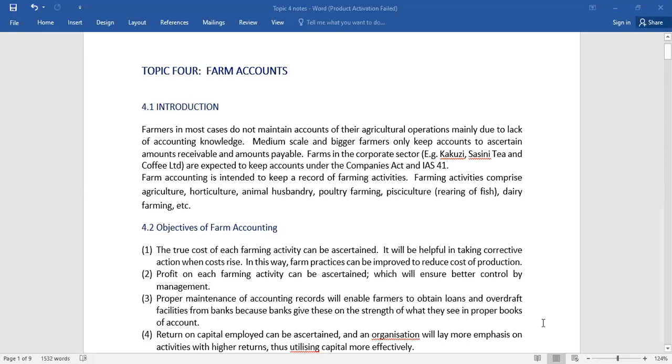If from the cow you normally take 1 liter a day to consume in your household, I'm supposed to see drawing reflecting in your accounts because the purpose of that cow was trading, not subsistence. We are not concerned with subsistence here. If, for example, you are keeping a fish pond and one evening you decide to take ugali with fish, you are supposed to consider that as a drawing because the purpose of the fish pond was for trading purposes.